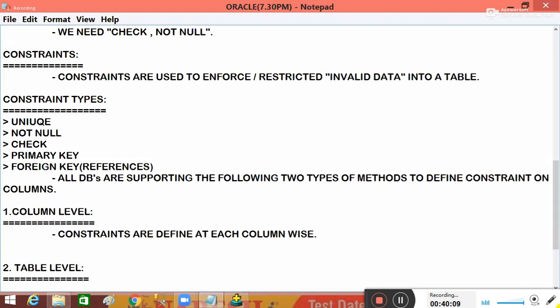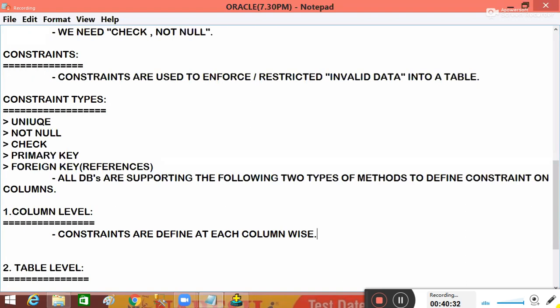Every individual column wise, when you are applying your constraint on each individual column, then it is called column level.